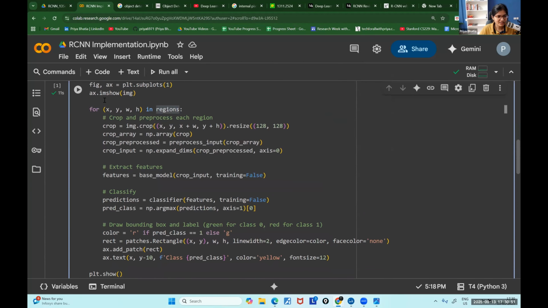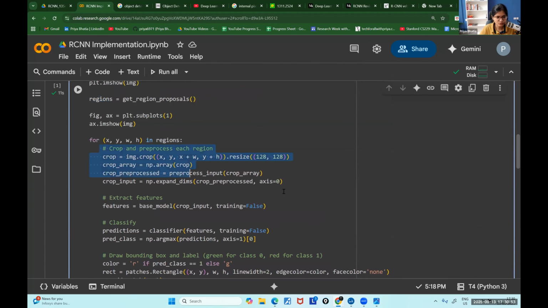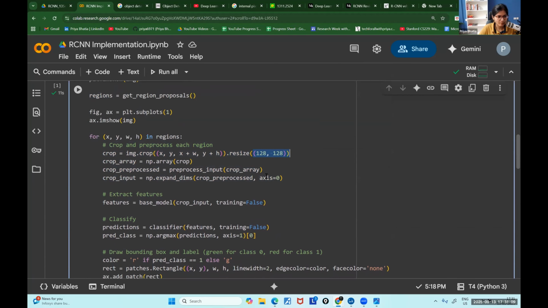Once we get the regions, if you remember, I told you the first task is, if the captured regions are not of square shape, in RCNN we make sure that images should be of square shape. So we have tried to convert them into 128 by 128 by cropping them.